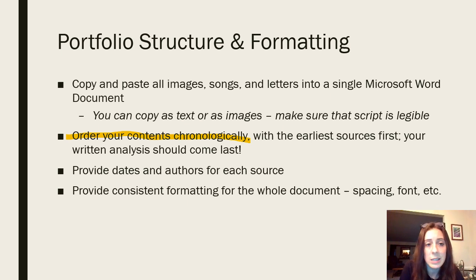Just make sure that 1860 comes before 1861, comes before 1862. So do it in chronological order so that hopefully we can see some type of progression in the perspectives and in the content that is occurring during this wartime period.